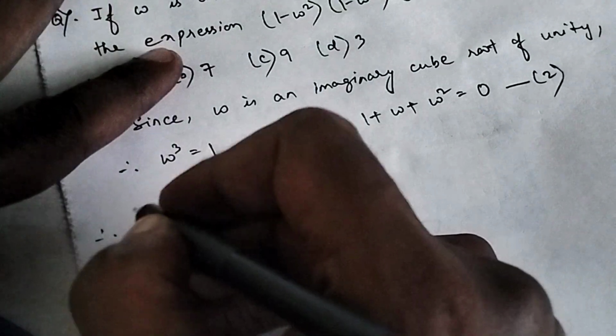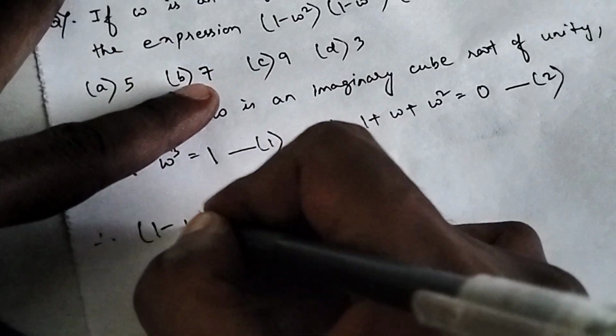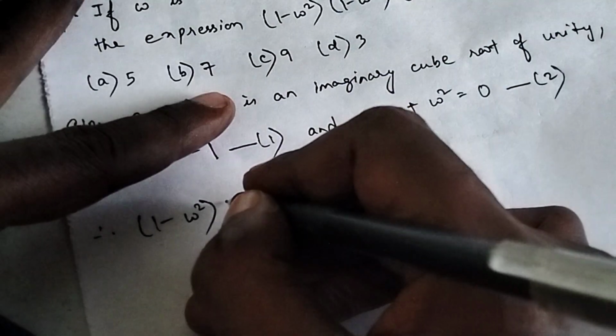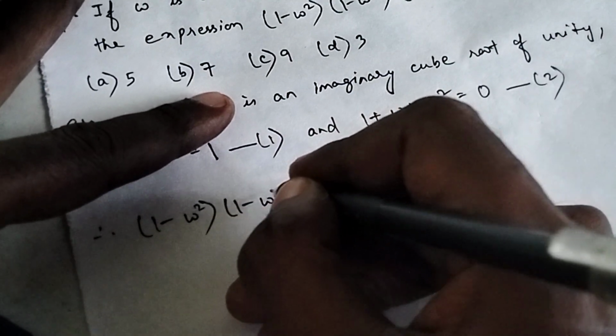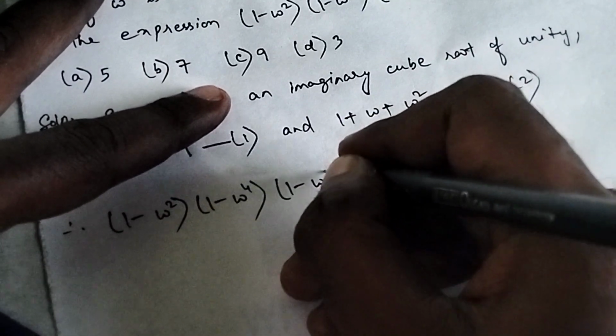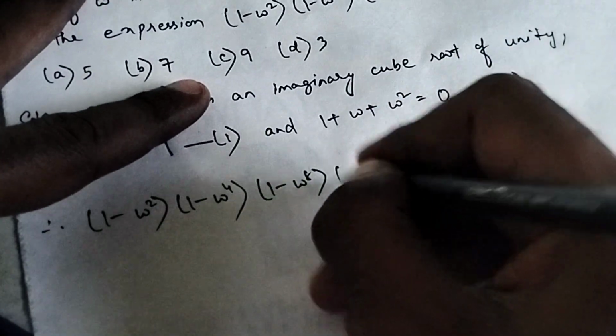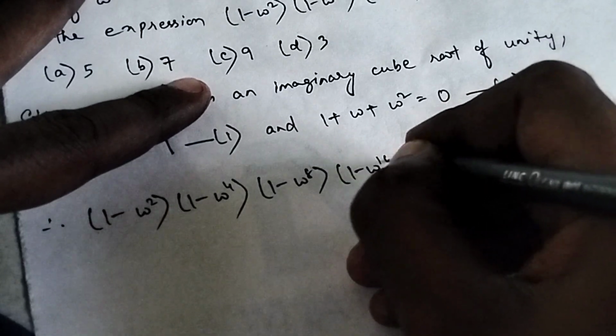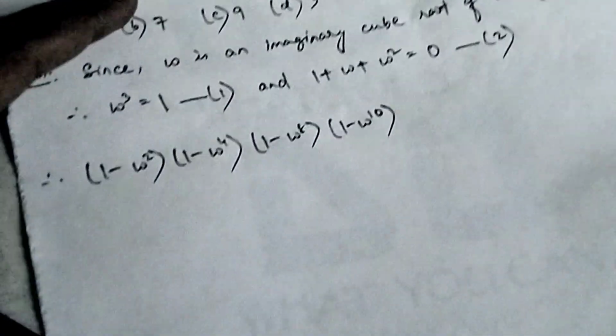So now we'll simplify. 1 minus omega square, 1 minus omega to the power 4, 1 minus omega to the power 8, 1 minus omega to the power 10.